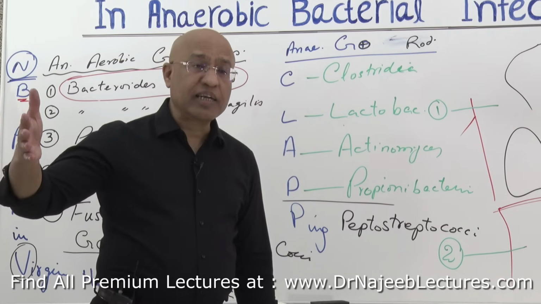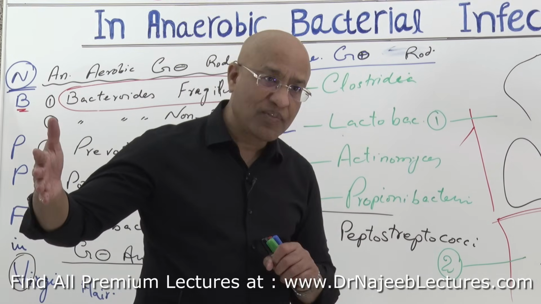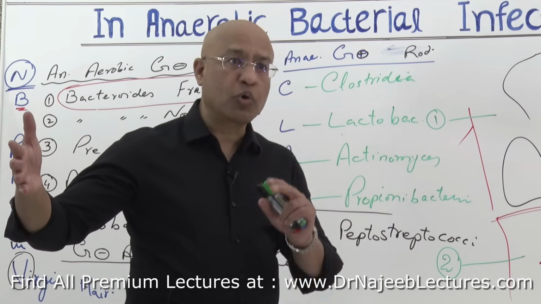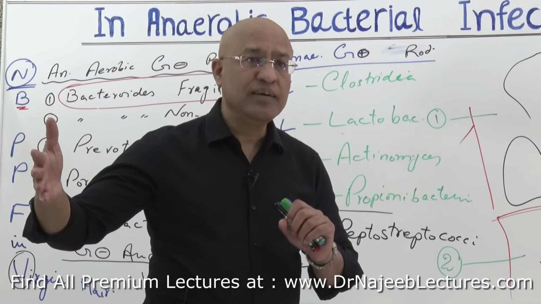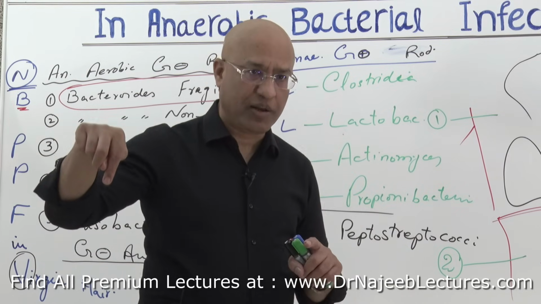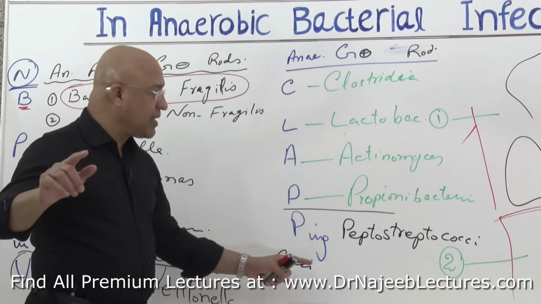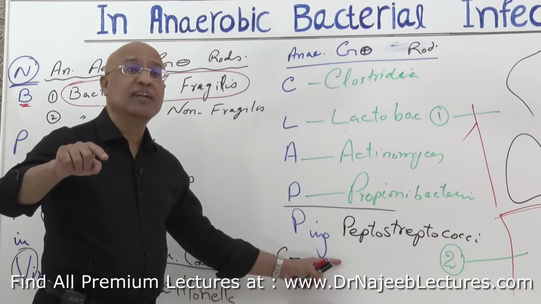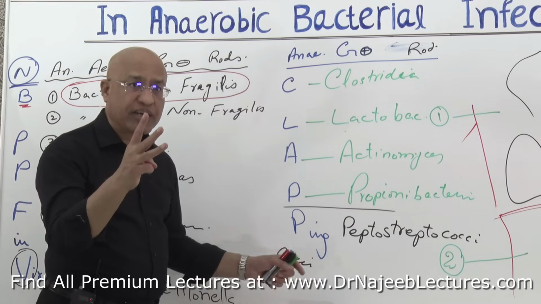Those facultative anaerobic streptococci like Streptococcus pyogenes, like Streptococcus viridans, like Streptococcus pneumoniae, these are not strict anaerobes. They are facultative anaerobes, right? And there is another category, microaerophilic streptococci. So please don't confuse, these are three different categories.